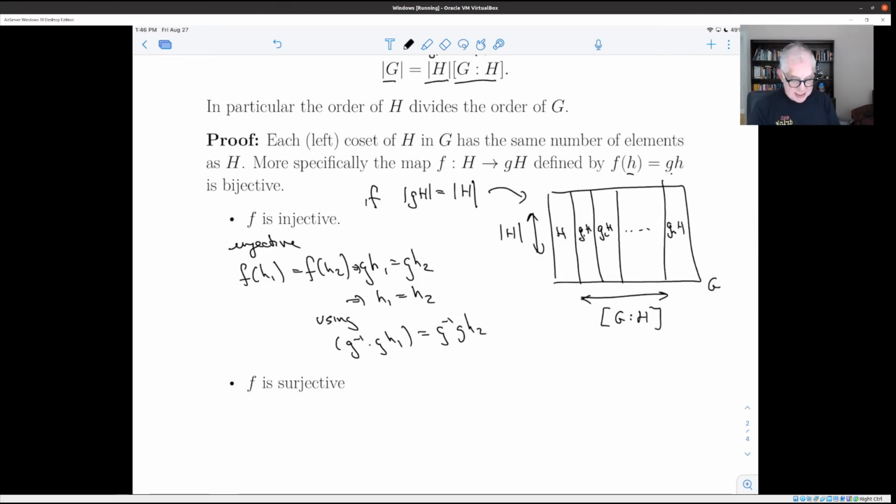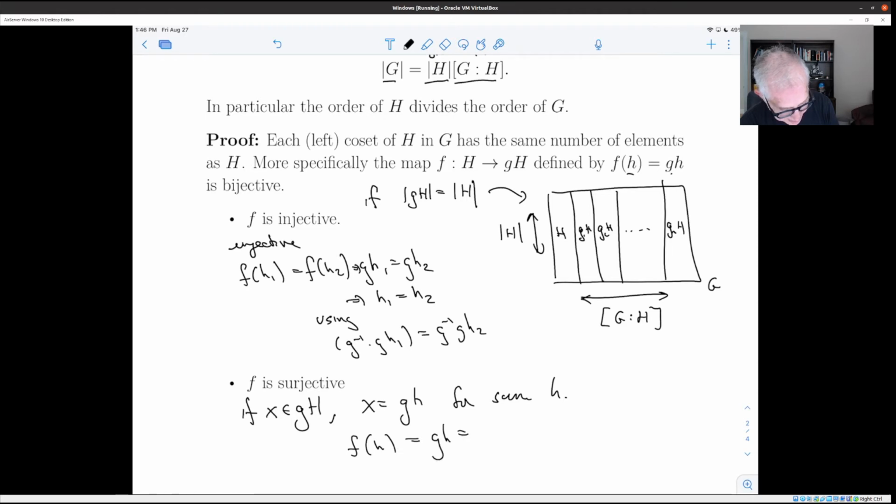And for surjectivity, we just use the fact that if we have an x in gH, then we know that x is actually equal to gh for some h. And f of h is gh, which is x. So every element of gH is in the image of the map. So all of the cosets are in bijection, so they all have the same number of elements.